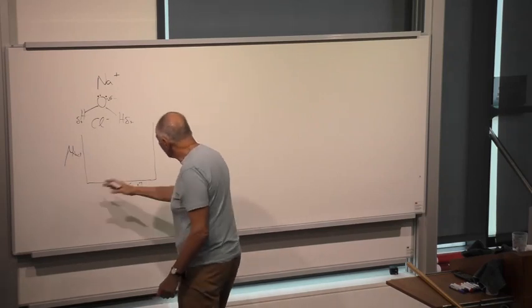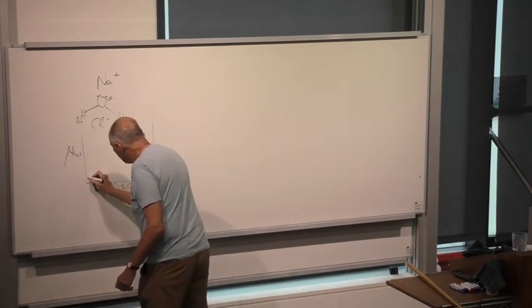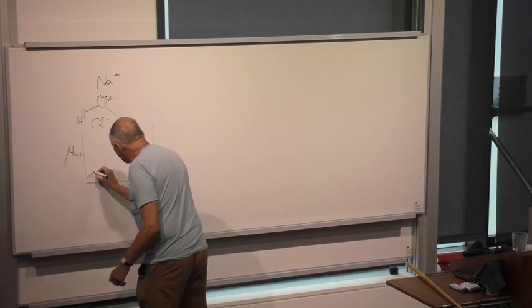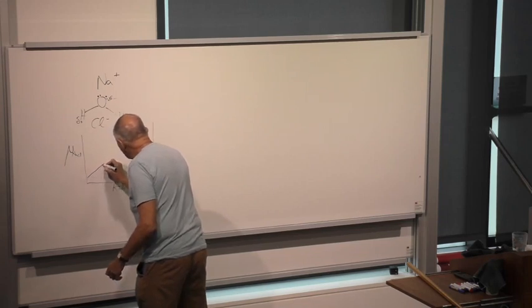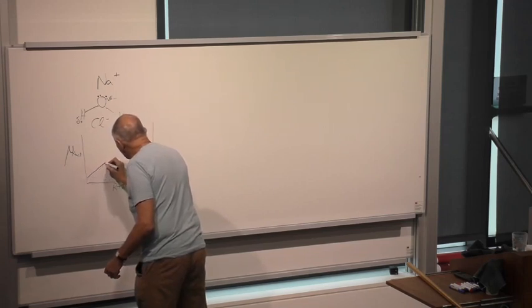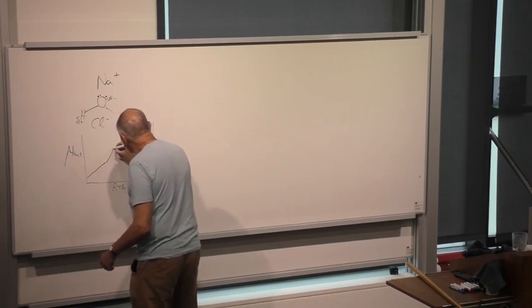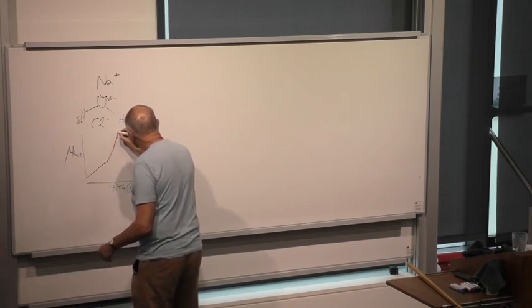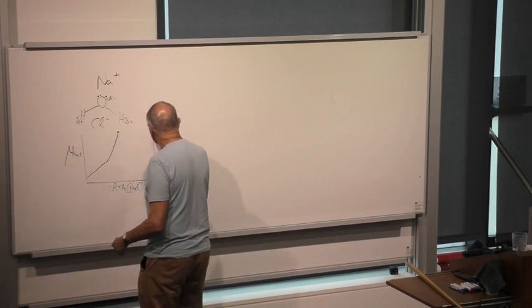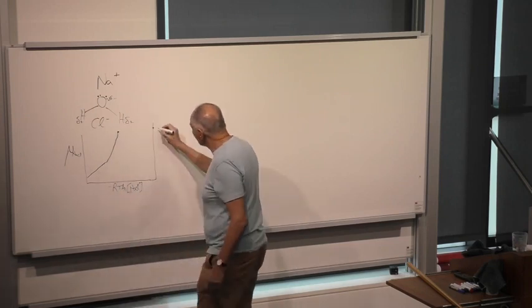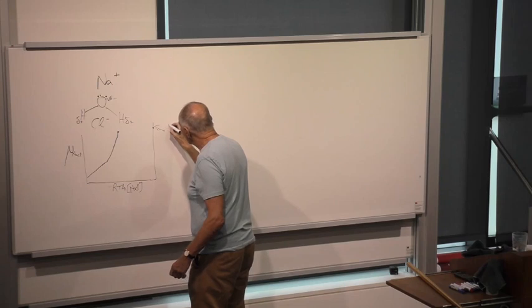And low concentrations are down here. And we find that there's a linear region, like so. And then the relationship becomes rather non-linear until at some point we reach saturation. And here is the free energy of pure NaCl.